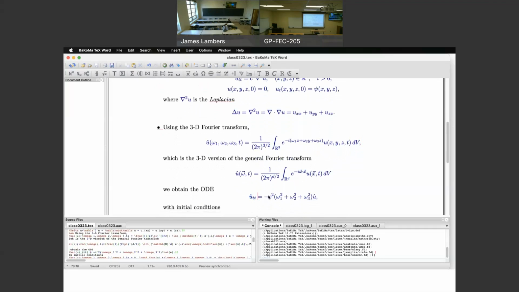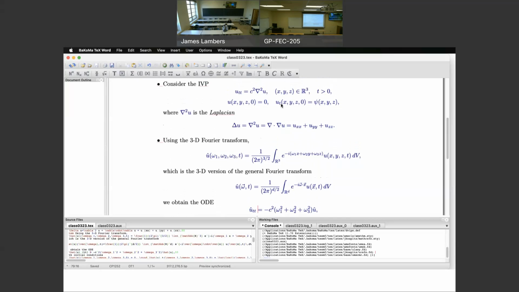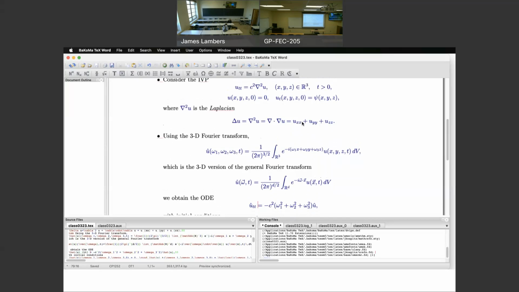You multiply by minus each omega squared, and they're all added together because it's a Laplacian. We have uxx plus uyy plus uzz. So for the Fourier transform of uxx, we multiply by minus omega 1 squared. For uyy, we multiply by minus omega 2 squared. For uzz, we multiply by minus omega 3 squared. All those are added up, and our coefficient c squared is still sitting there. So this is the ODE that comes out of it.